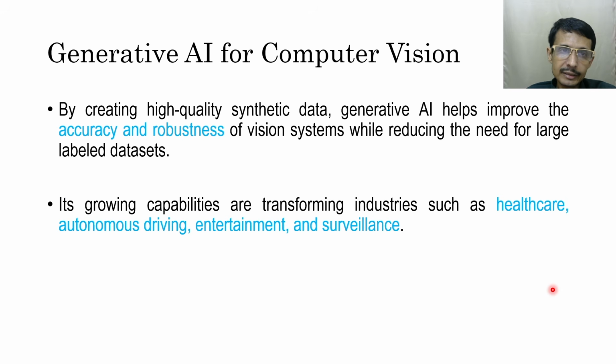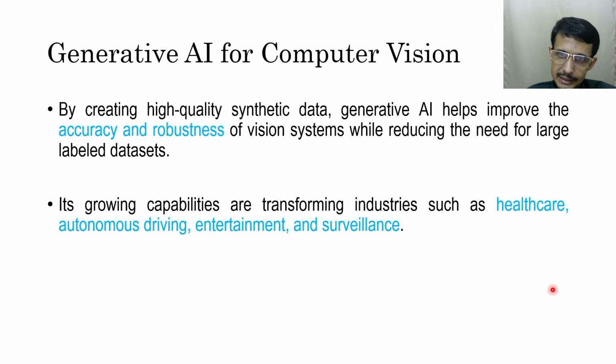By creating high quality synthetic data, AI helps to improve the accuracy and robustness of vision systems. Now, what we have understood in the previous few slides is that for a robust and accurate deep learning model, we require labeled data, which is costly, time consuming, and sometimes very tough to get.